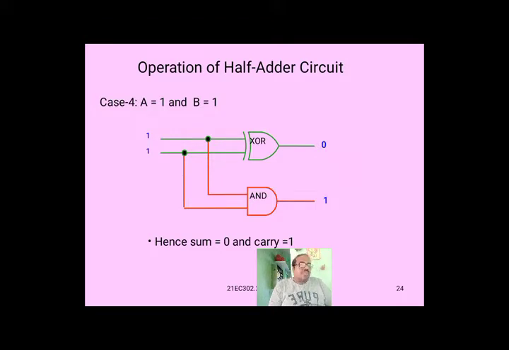Now we are going to the logic operation of the half adder, which is expressed in a truth table as shown in the above slides. The expressions are derived for the sum and carry outputs as functions of the inputs. Now the carry output is 1 only when both A and B are 1s.